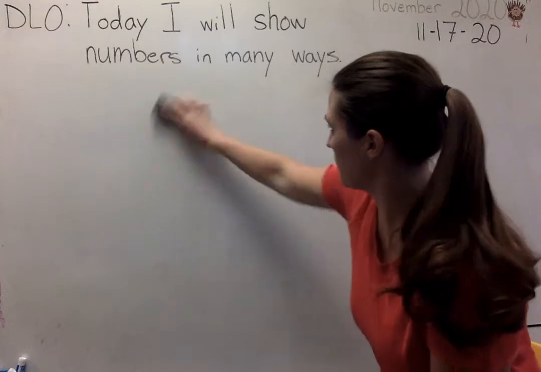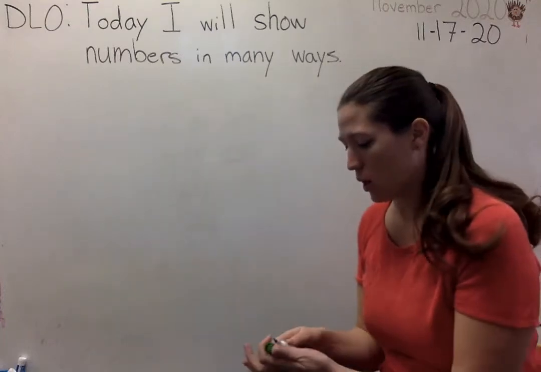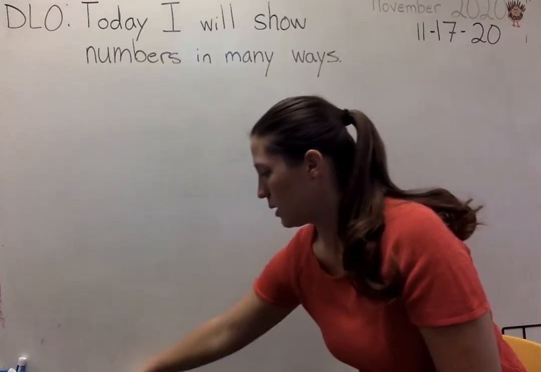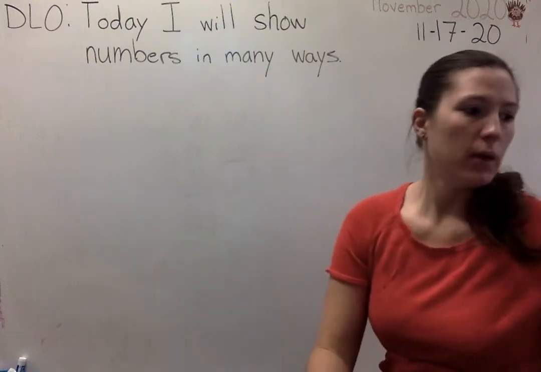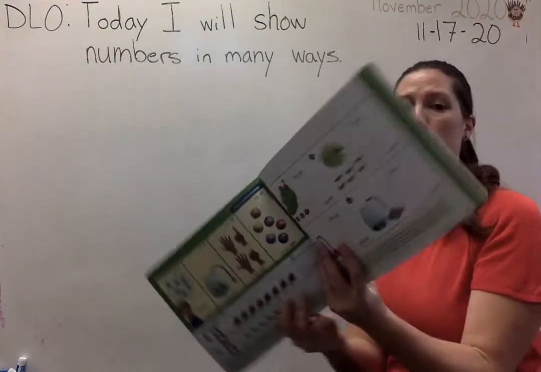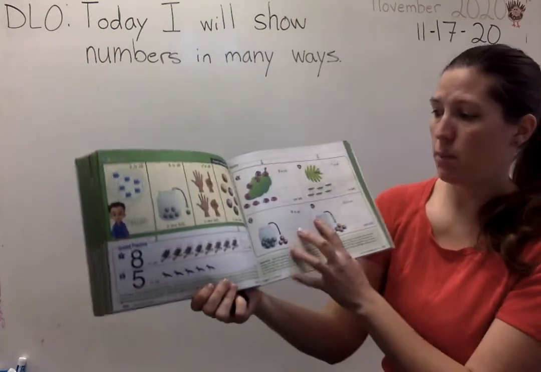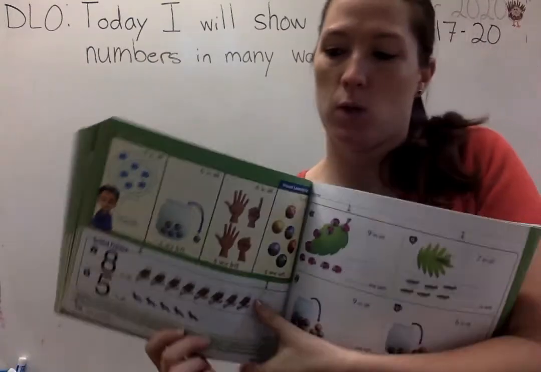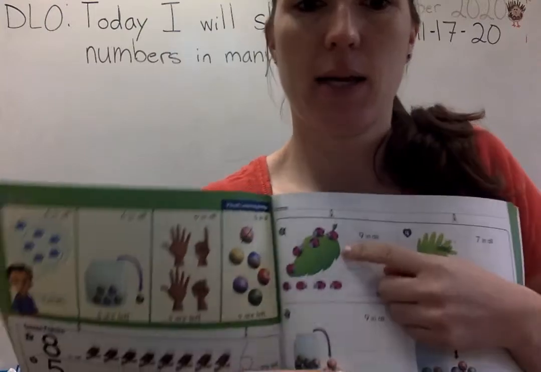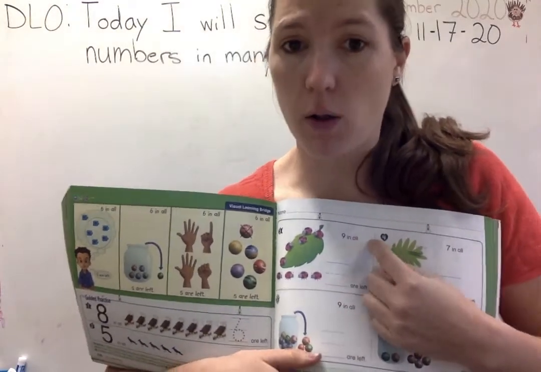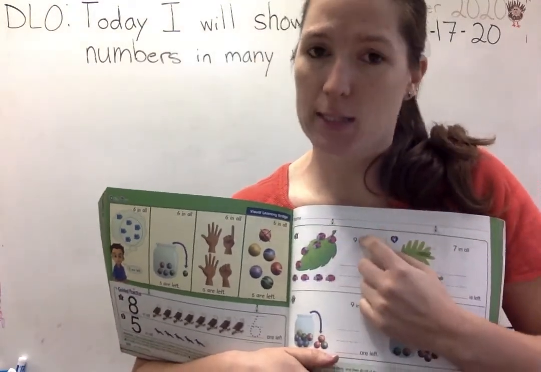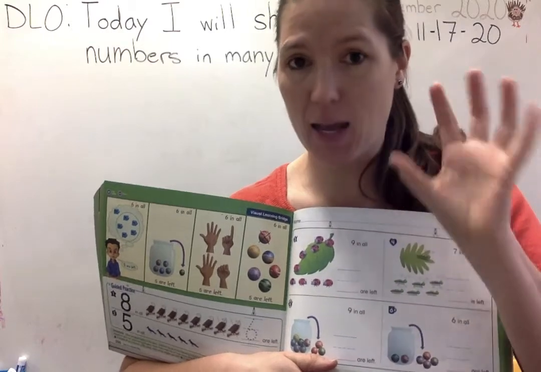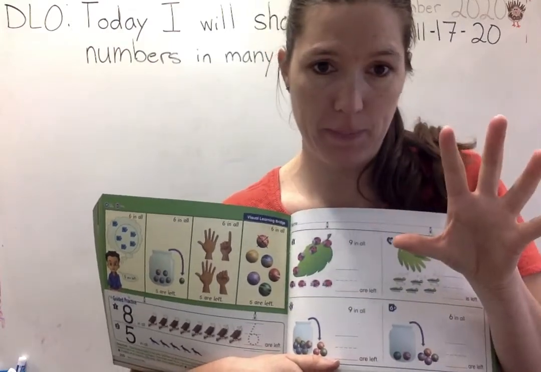Okay, erase. So I will use my little counters here, and we'll do some examples. In your book, there are pictures, and you'll see that they're in 2 different groups. At the top, it says 9 in all. So that means that's the number of objects that began at the beginning of the story.